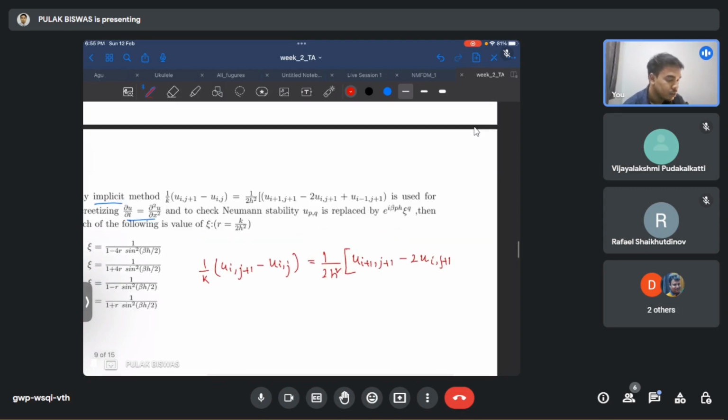Let me say it, if your function is a two-dimensional function, and you also want to see the variation with respect to time, then it is actually represented as i, j and n-th. i, j represent x, y and n represents time, like that.